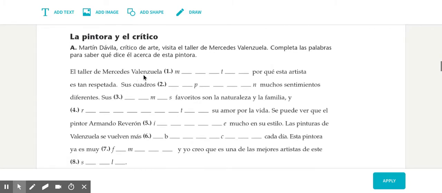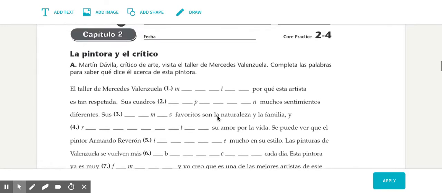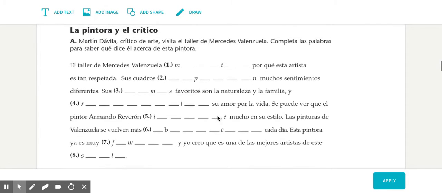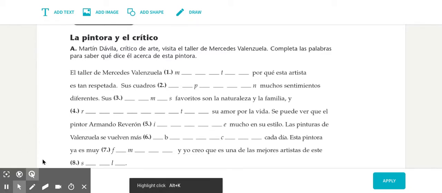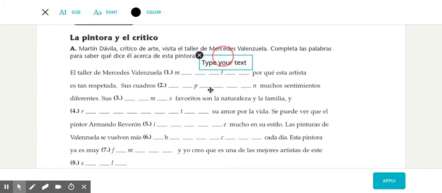El taller de Mercedes Valenzuela, and then you have some blanks here. ¿Por qué esta artista es tan respetada? So it looks like something about why this artist is so respected.